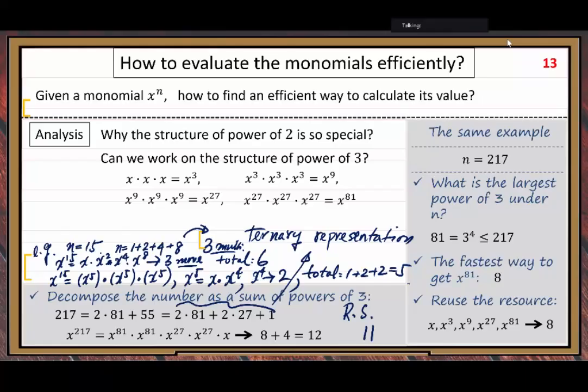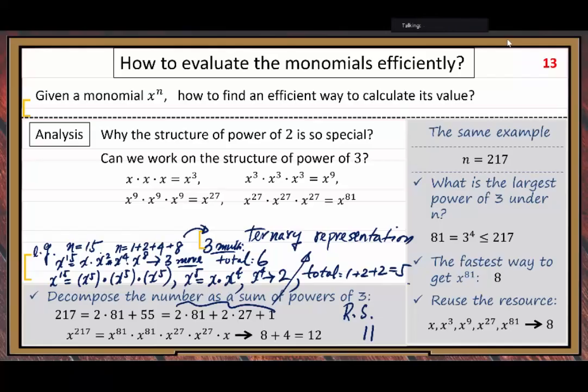Here you can see we do better than repeated squaring, right? 5 multiplications. If you do strictly repeated squaring, you need 6 multiplications. We can do better, right?